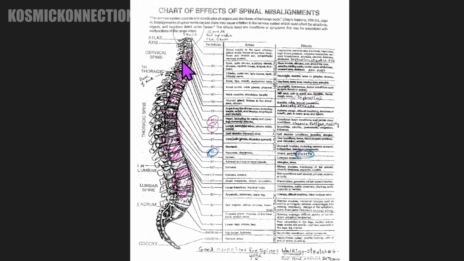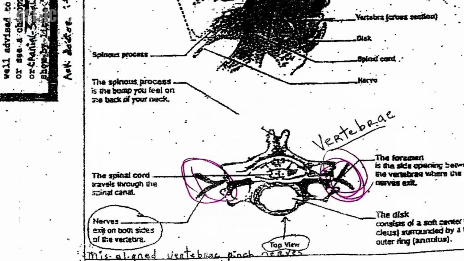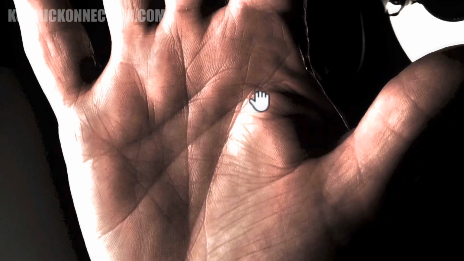So look back on your hand chart, or the hand analysis chart. See where I've circled in the red areas? That's where your spine is out of place. So underneath that Jupiter finger, that's going to show your cervical vertebrae, 1 through 7.